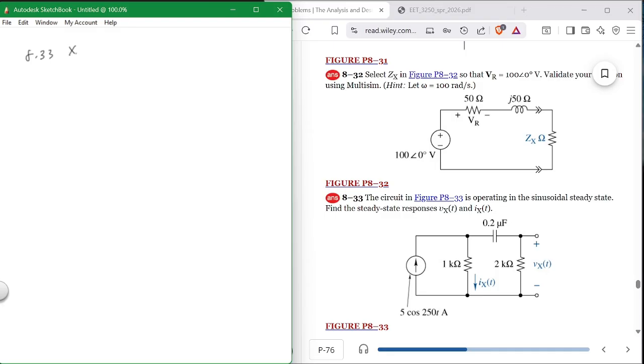The X sub c is equal to minus j over 2 pi f c, which is minus j over 250 times 0.2 times 10 to the minus 6th.